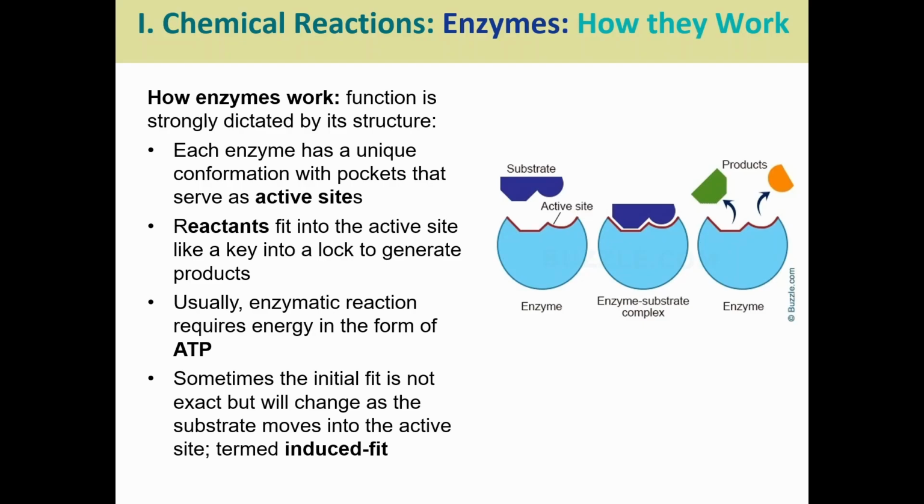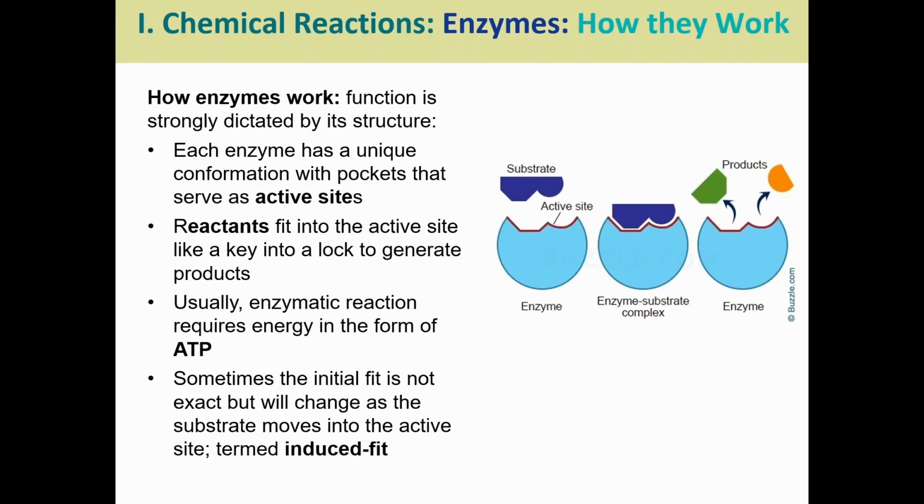This is because of the link between structure and function. If you remember from the last unit, when we talked about proteins, structure and function are fundamentally linked. The structure of the enzyme needs to be exact. It's unique to the reactants it works with.